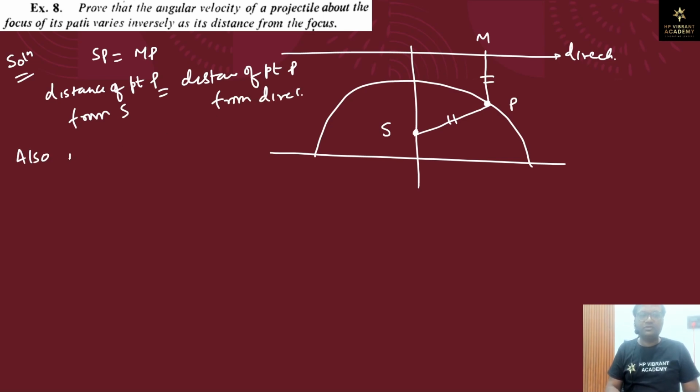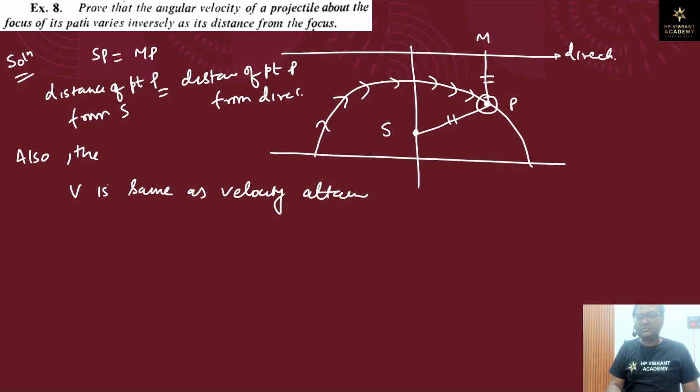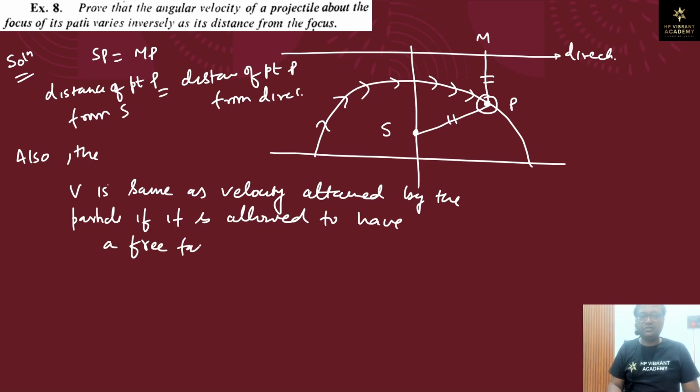Also, the velocity attained by the projectile through this path at point P, let us consider it as V. The value of this V is the same as the velocity attained by the particle if it is allowed to have a free fall from point M.